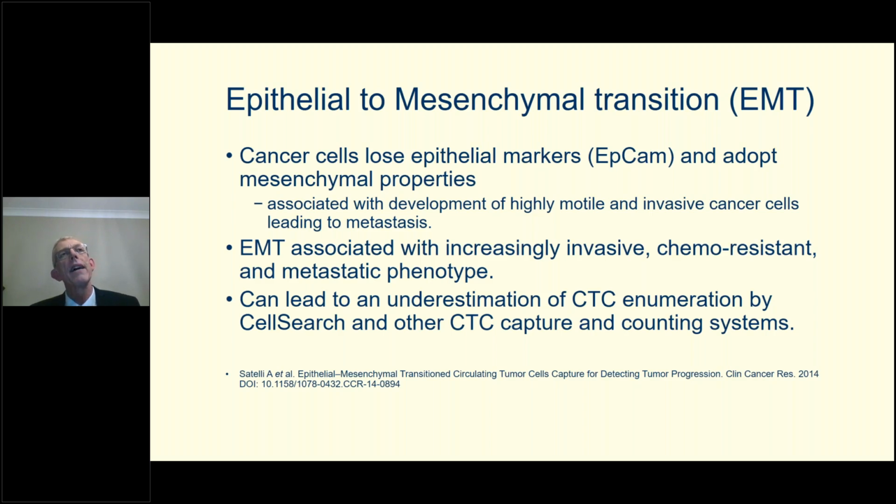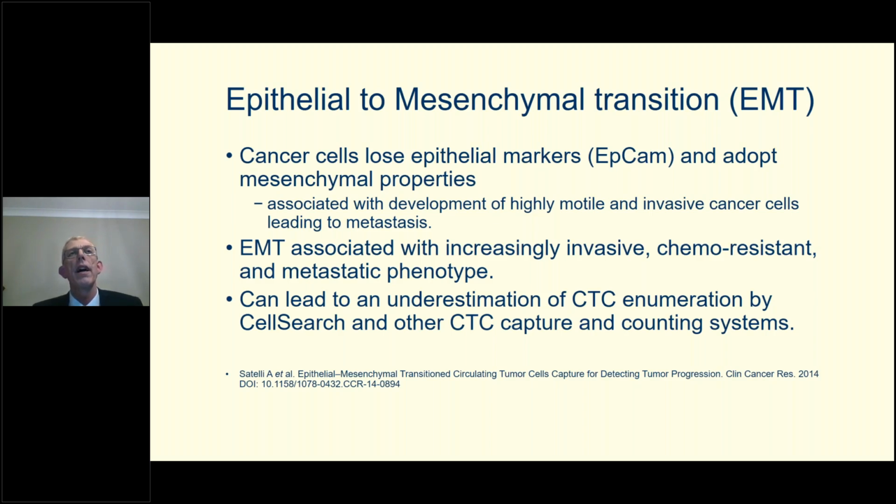The conundrum here is that as our epithelial markers are lost and the cancer cells adopt these more mesenchymal, stem cell type properties, it's often associated with highly motile and invasive cancer cells, which might be very important in driving metastasis. And unfortunately, EMT can be associated with increasing invasiveness, chemoresistance to treatment, and of course, the metastatic phenotype.